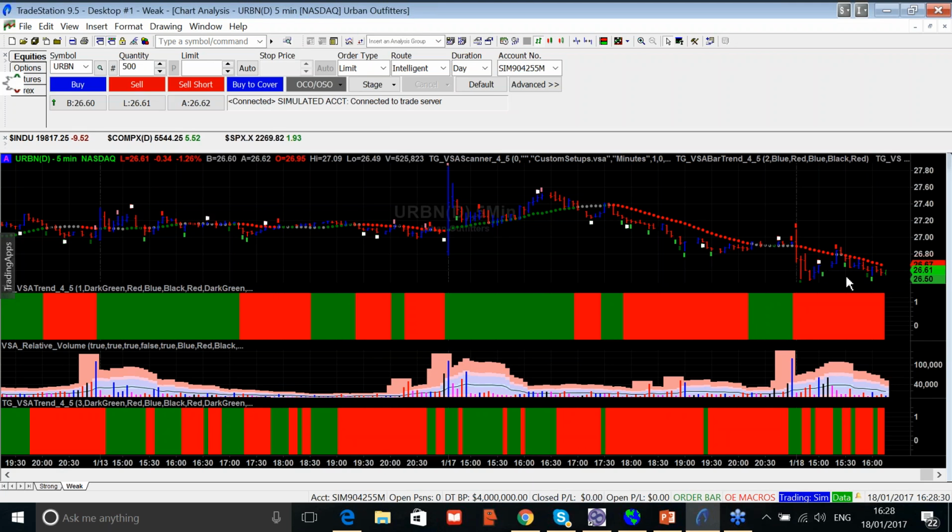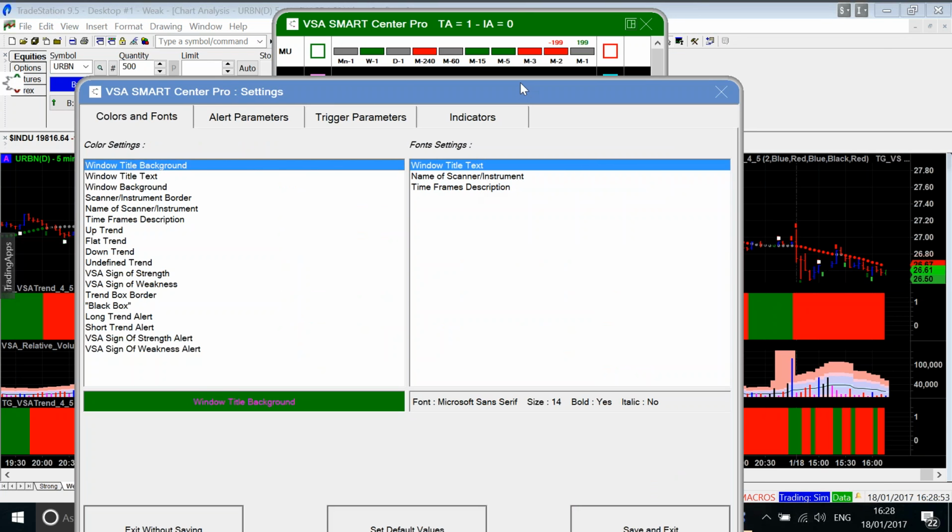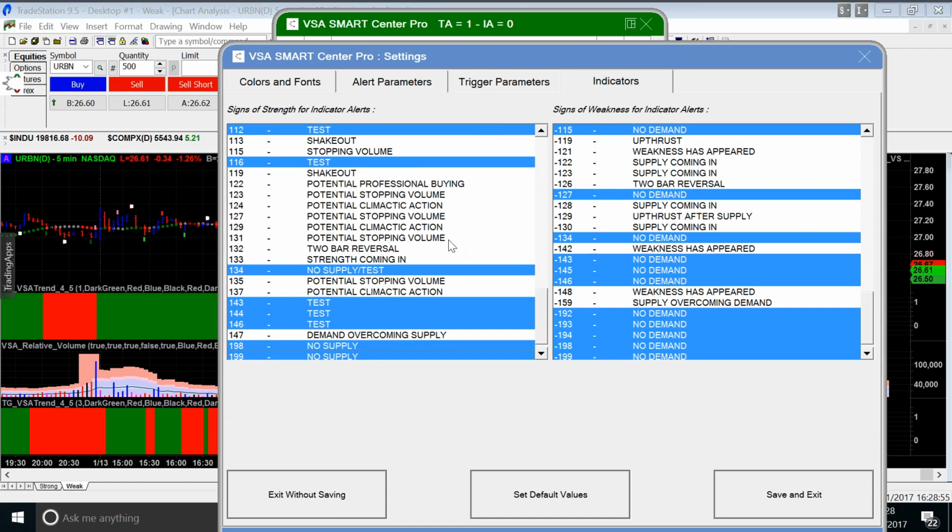William says, what's the difference between the scanner and the Smart Center Pro? The Smart Center Pro is monitoring all of those time frames in all of those charts, but it's looking for specific triggers and specific principles that you set it to. Unlike in the scanner, where you can't do that, in Smart Center Pro we can put the settings up here and say which indicators we want to search for.